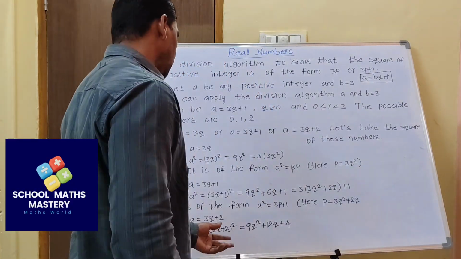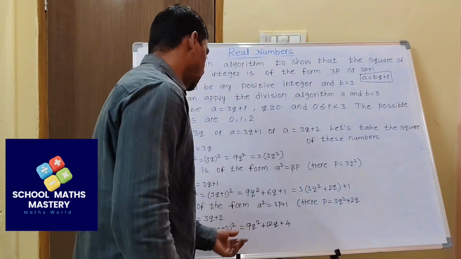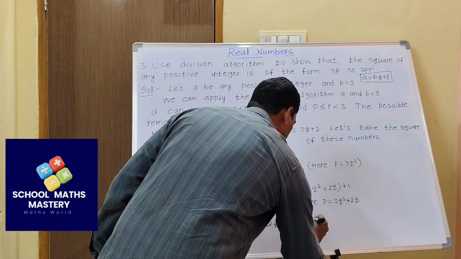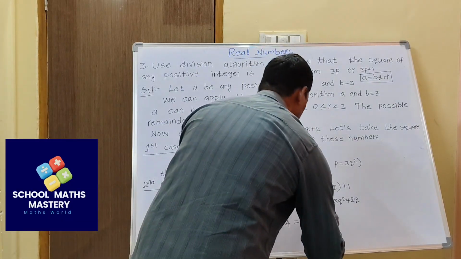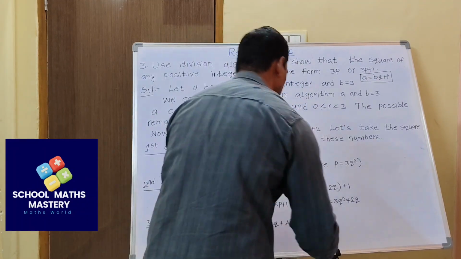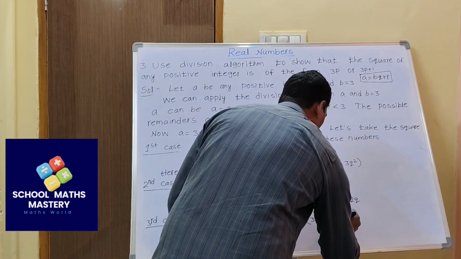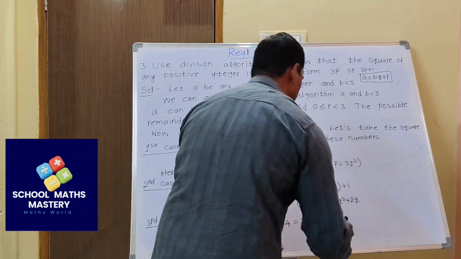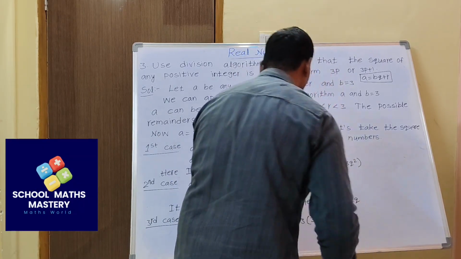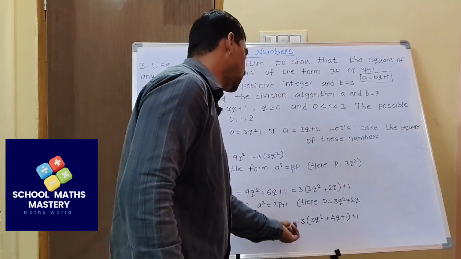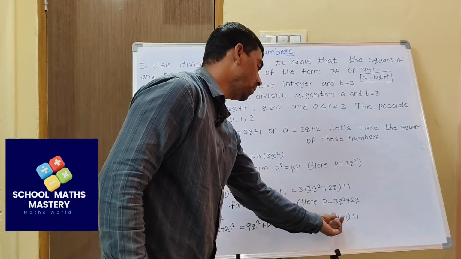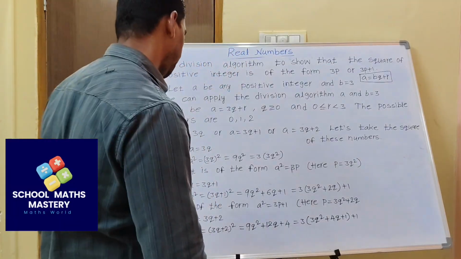So we write like this: 3 common, 3q square plus 4q plus 3 plus 1. So we get 3q square plus 4q plus 1, plus 1.